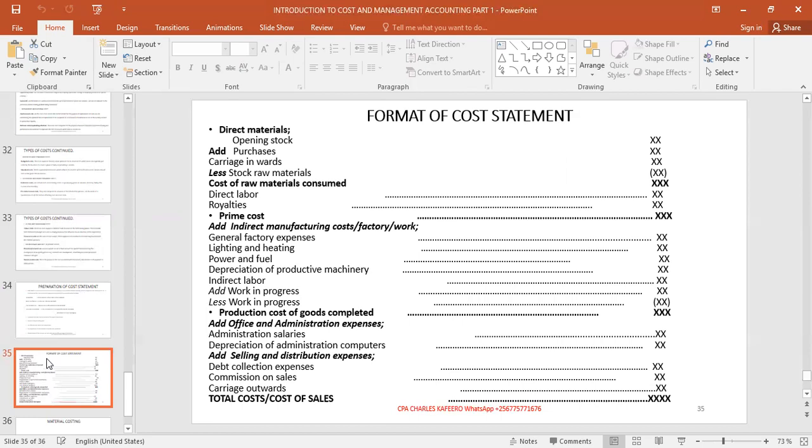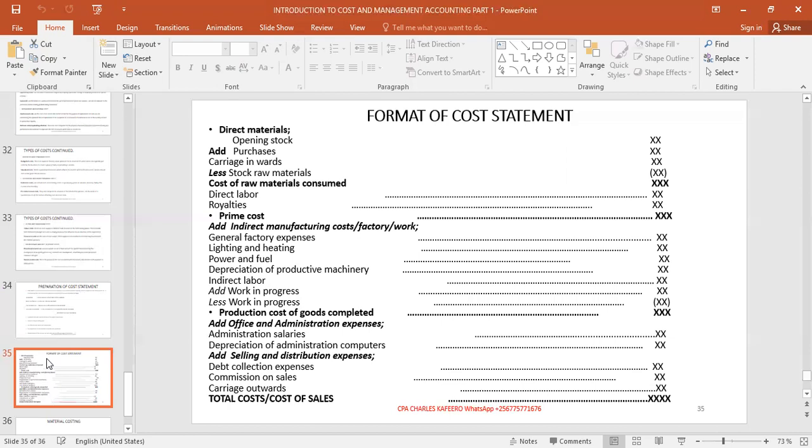When you get the production cost of goods completed, then from there, if we are told that we need to prepare an income statement, we can go ahead and stop there. We take that cost to the income statement. We take the production cost of goods completed.